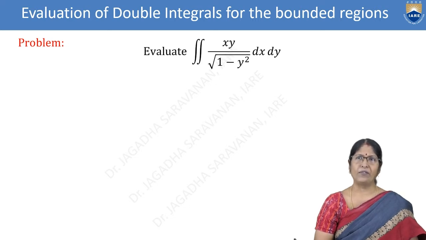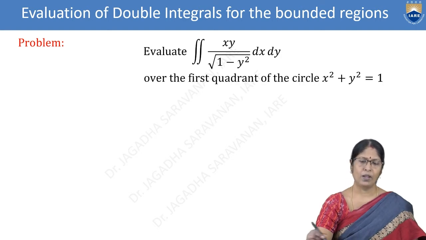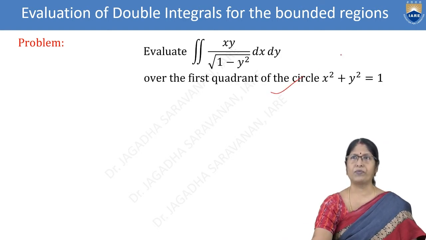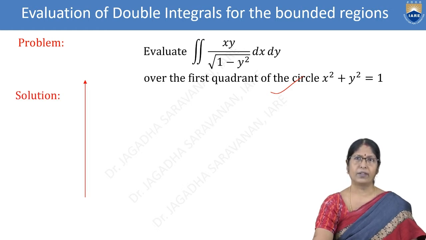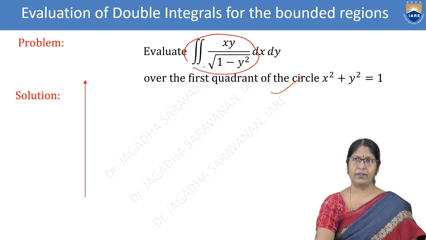Problem: evaluate the double integral of xy by square root of 1 minus y square dx dy over the first quadrant of the circle x square plus y square equal to 1. The solution is, first we are reading the question. Evaluate this integral.